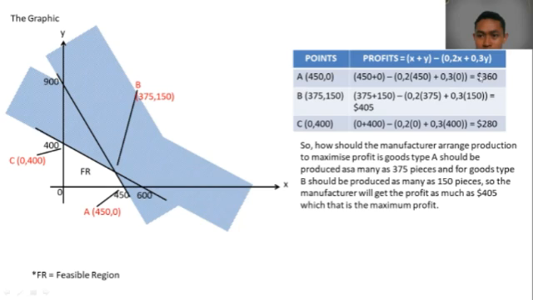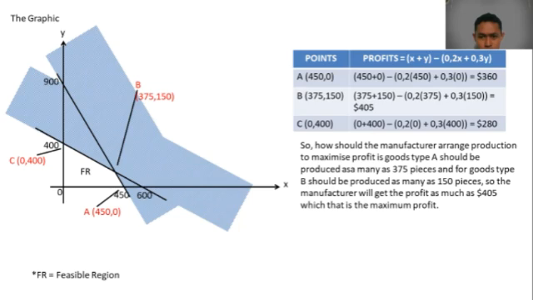The profit is $360, and for B point, 375 and 150, and then we calculate the profit, and then we can get the profit is $405. And for the C point, 0 and 400, we calculate the profit, and then we can get the profit is $280.